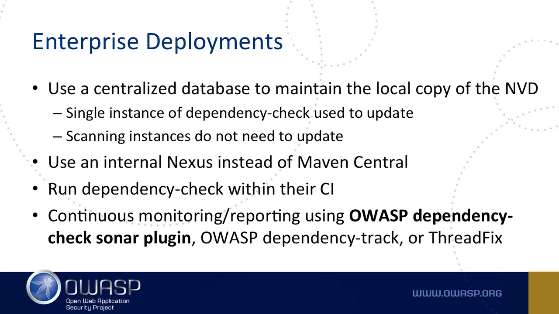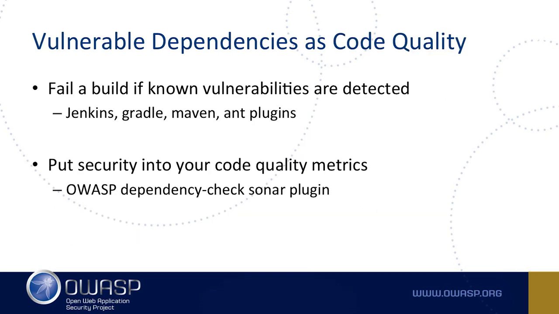Usually, people in larger organizations are running this within their CI, and it allows them to do continuous monitoring and reporting on their libraries. There's actually an OWASP Dependency-Check Sonar plugin, so if your development teams are using Sonar, which is a quality tool that a lot of development teams use, you can feed these vulnerable components directly into Sonar, and you can treat them just like code quality.